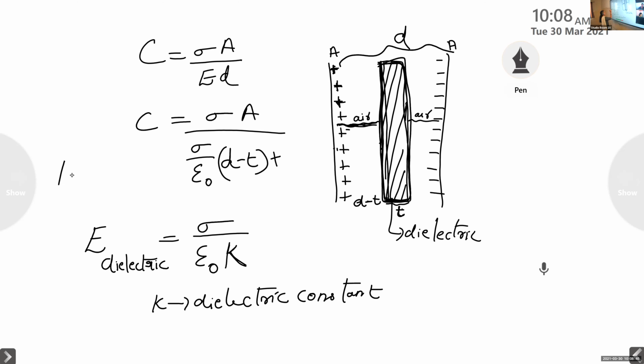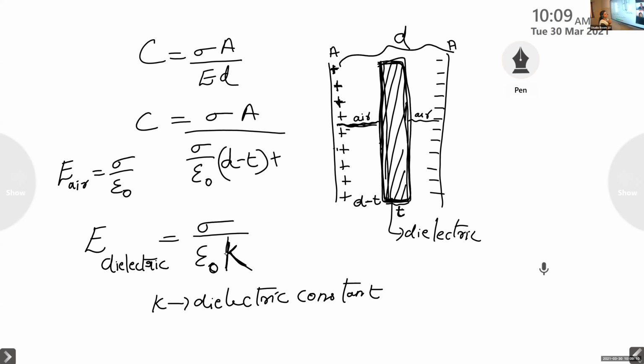So for E air, the electric field is given by sigma by epsilon 0. But if another medium like a dielectric is present, then E dielectric is equal to sigma by epsilon 0 K, where the relative permittivity of the dielectric medium is denoted as K.